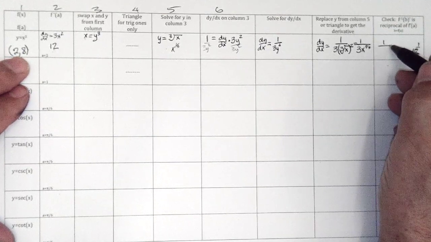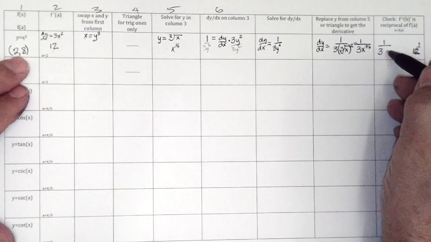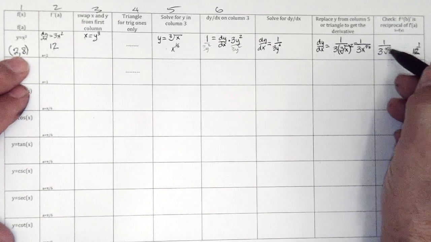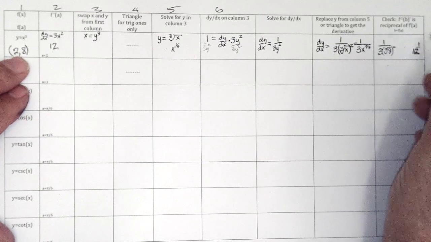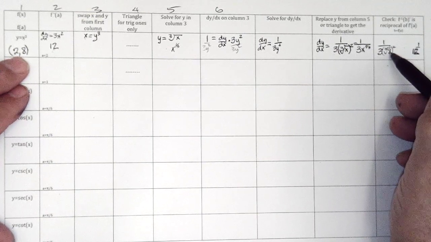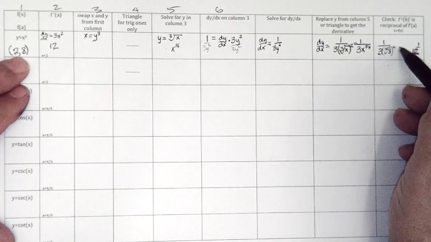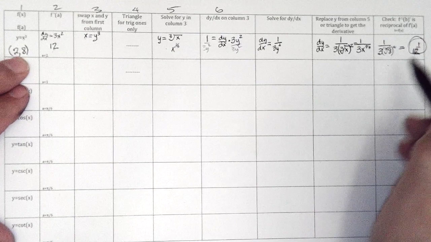So I'd have 1 over 3 times the cube root of 8 squared. Well, the cube root of 8 is 2, squared is 4, times 3 is 12. And so there I get my 1/12.